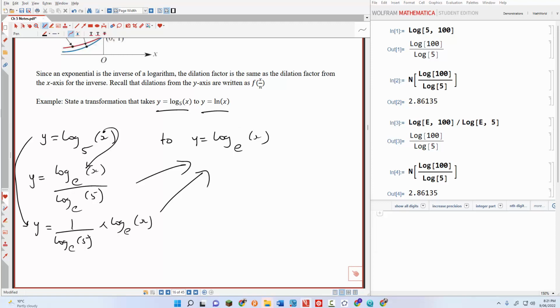So how would I get this to look like this? Well, all I would do is multiply this function here.